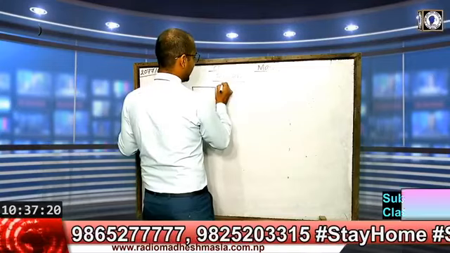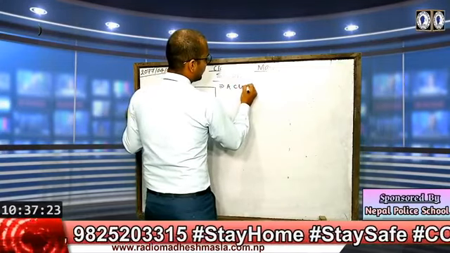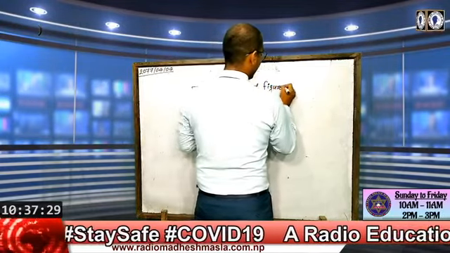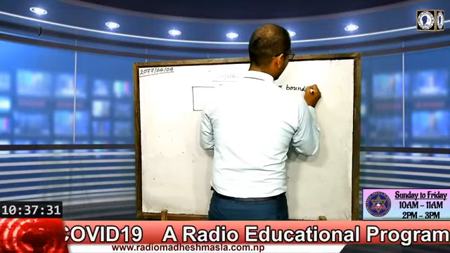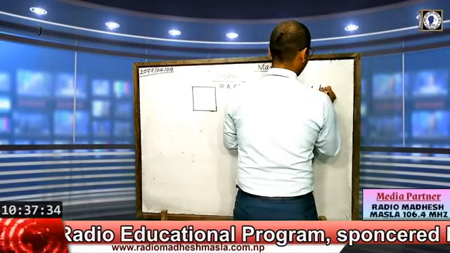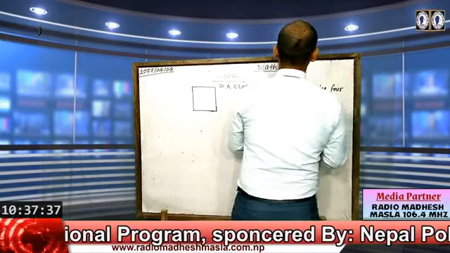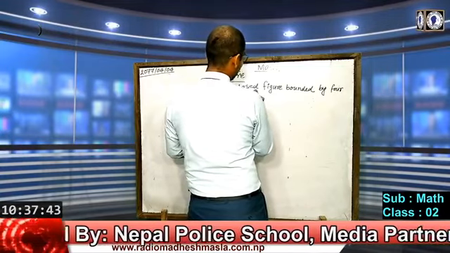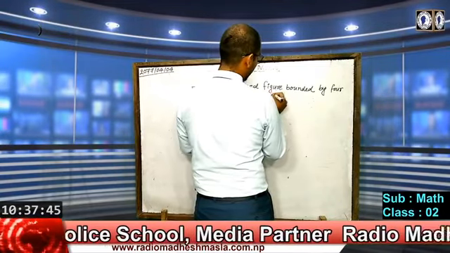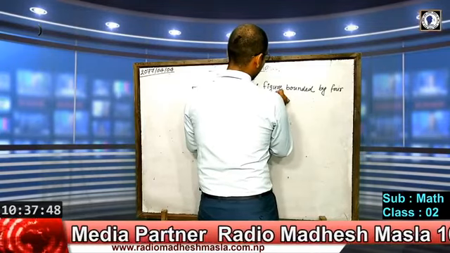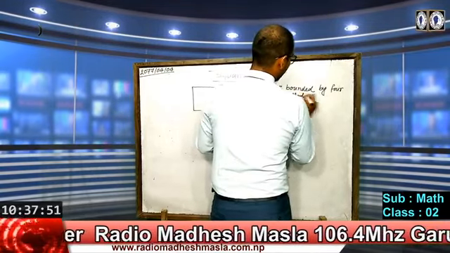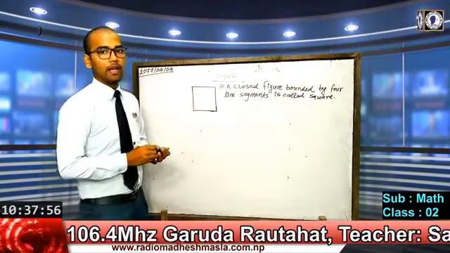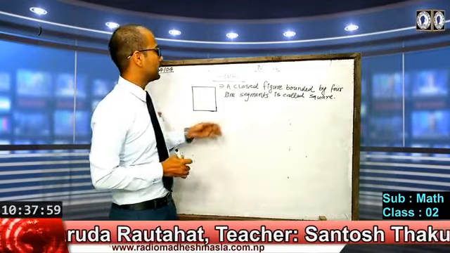We can define it like this: a closed figure bounded by 4 line segments is called what? A square.